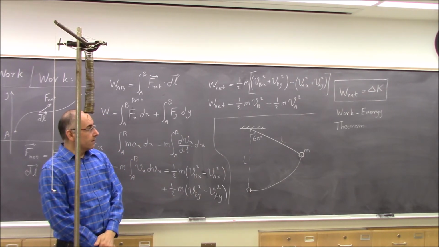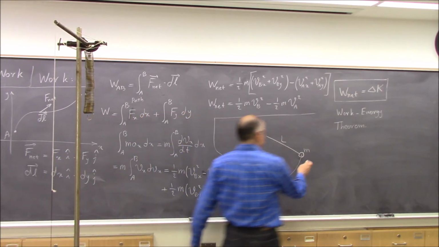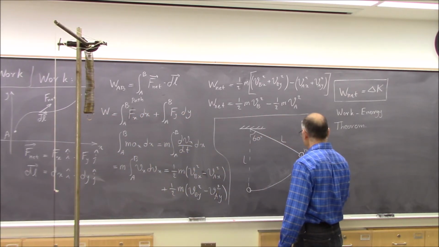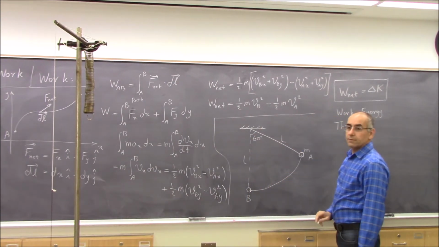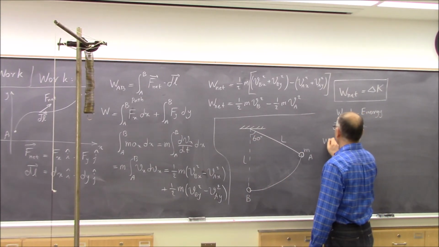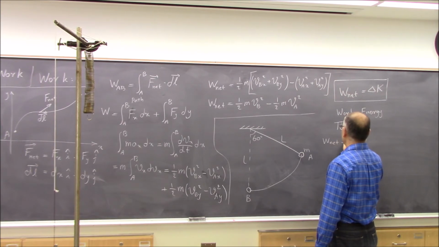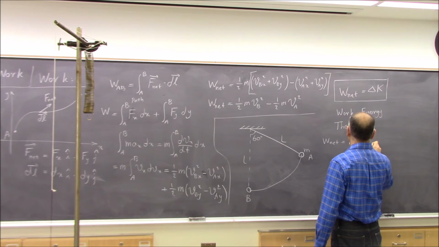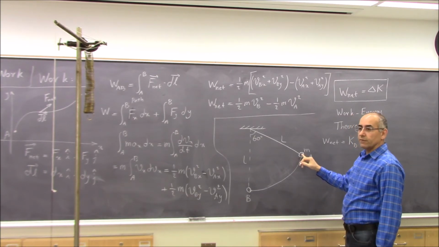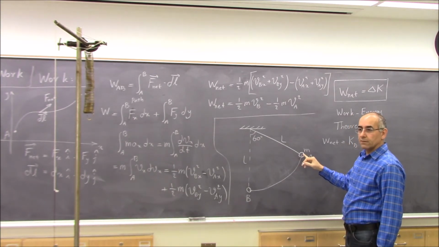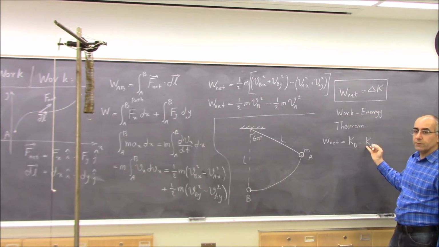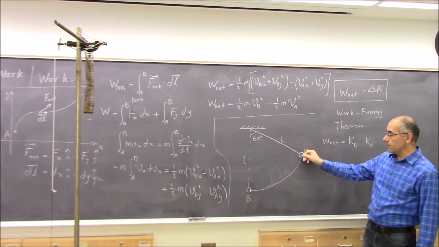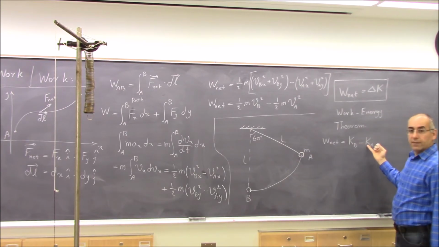All right. We take this initial situation, let's say point A, and this is point B. We apply this: W net is equal to K at point B minus K at point A. If we leave this from here at rest, then K at A is what? If the speed is 0, starting from rest, then K_A is 0.